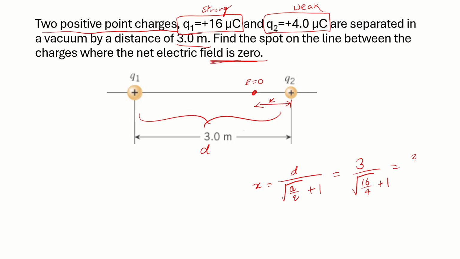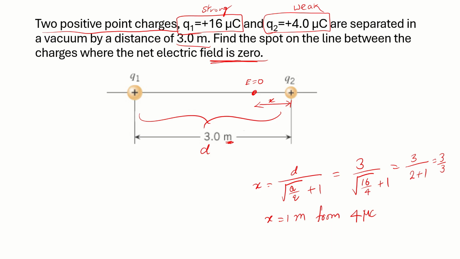So which is equal to 3 over root of 4, which is equal to 2, plus 1, which is equal to 3 by 3. So final answer is x equal to 1. The d value is given in meters, our x value also in meters, which is from the weaker charge. Weaker charge is the 4 microcoulomb. That's it.